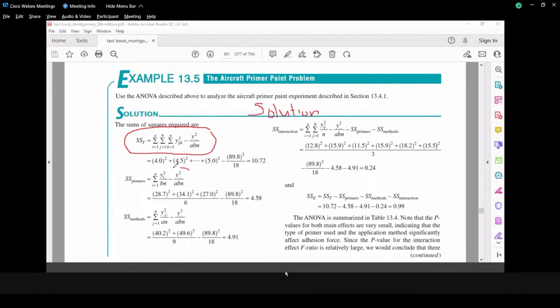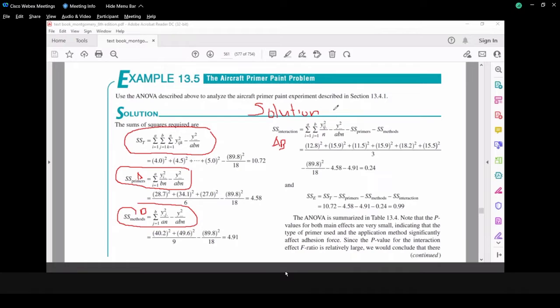And this one is for SSA, remember primer is A. This is SSB, method is B. And this is the interaction AB. By now, you need to square 18 observations, for each observation you have to square.